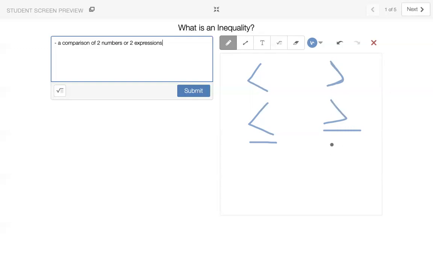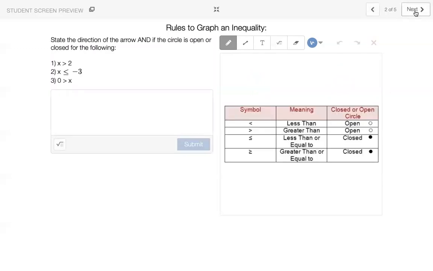We're not really going to be comparing numbers necessarily, but we are going to be analyzing these using variables and numbers. So let's take a look and see how we're going to use these. Okay, so we're going to put these on a number line eventually. That's going to come in the next slide. What we're going to talk about here is just looking at an inequality expression here of x is greater than 2 and determining, once we have to go to a number line, what is this going to look like?